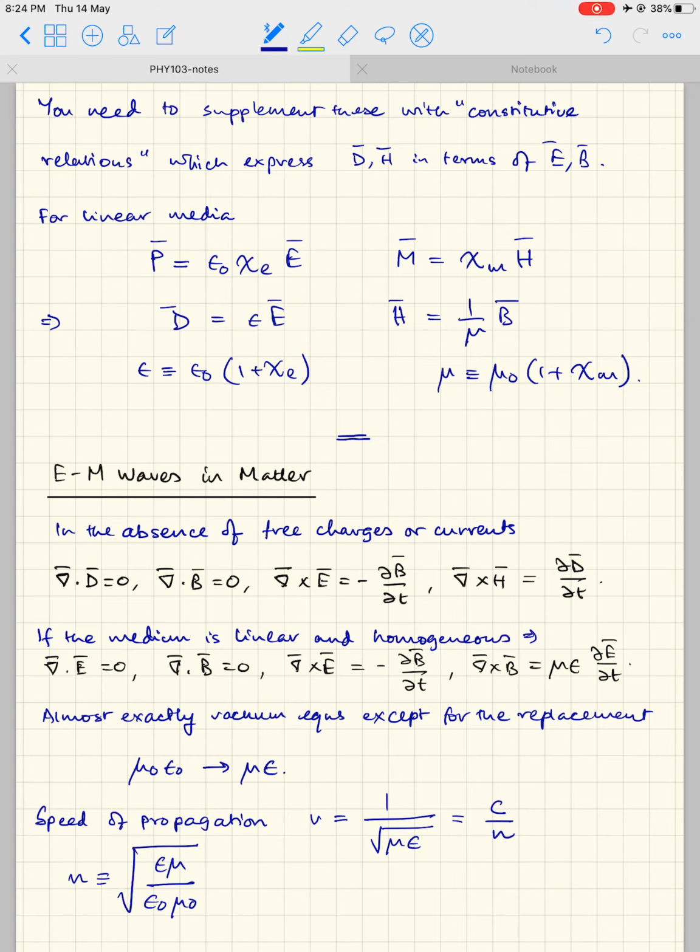This is going to be called the index of refraction of the medium.